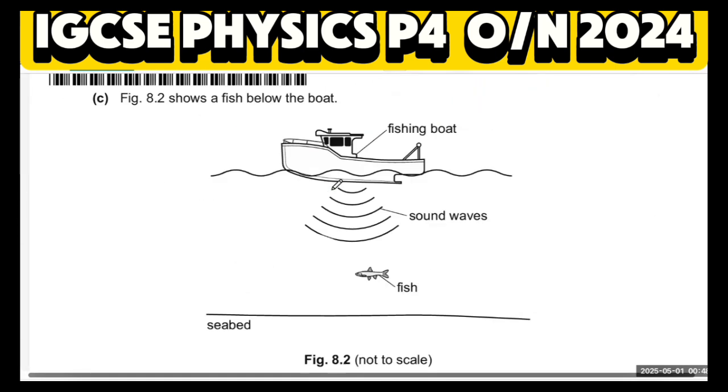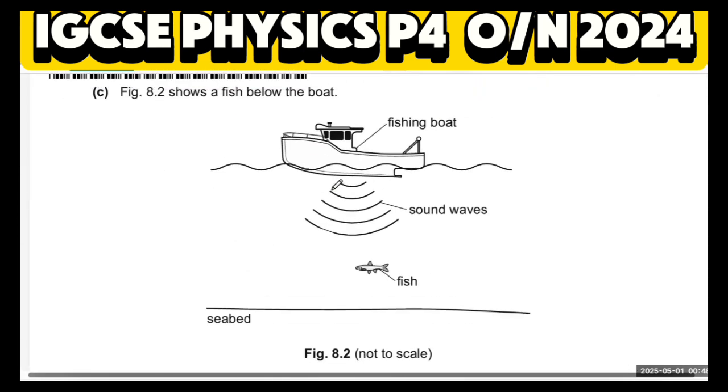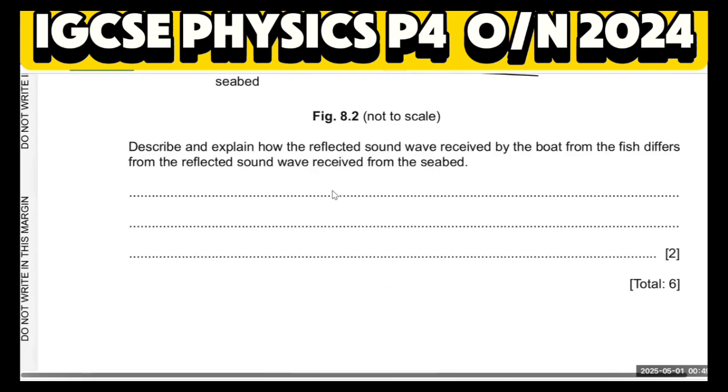So C part, the figure shows a fish below a boat. So you can see the fish. The sound wave will reflect from the fish, and we can get the image from the ultrasound. Describe and explain how the reflected sound wave received by the boat from the fish differs from the reflected sound wave received from the seabed. Reflected waves are always weaker because they lose energy.